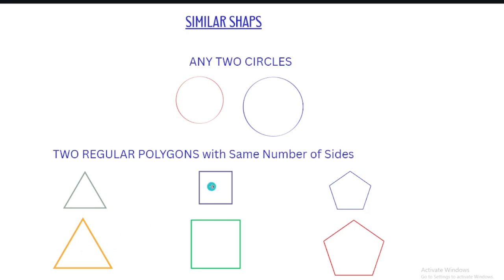Regular polygons have equal sides and equal angles. So any equilateral triangles are similar. Any two squares are similar. Any regular pentagons are similar. What is the meaning of similar? They have the same shape but different size.